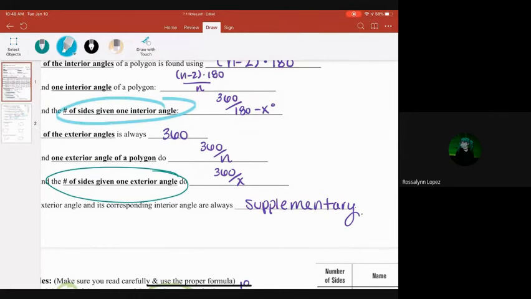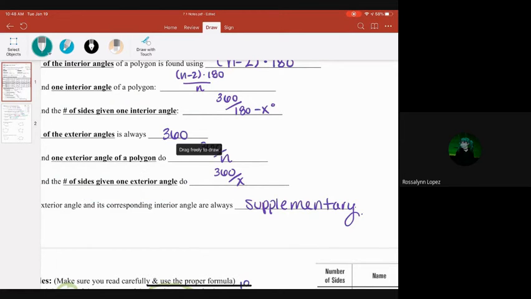You don't have to really use them as a formula. Think of them as a suggestion of steps. If you know an interior angle, can you find an exterior angle? Yeah, subtract from 180, right? If you know the exterior angle, can you just then do 360 divided by it? Yeah, this is just written all as one big step, but you don't have to do it as one big step.